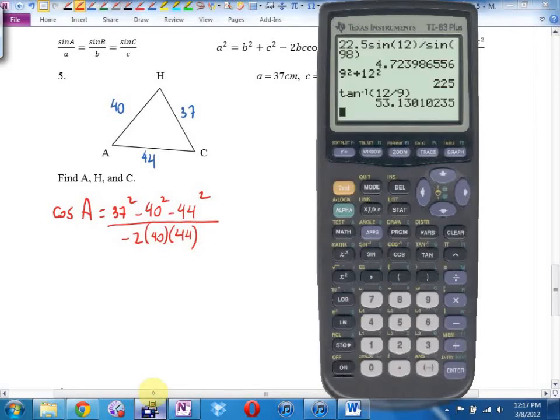The second issue is being able to type this in. Is there more than one number on the top? Yes, brackets. Is there more than one number on the bottom? Yes, brackets. In other words, bracket 37 squared minus 40 squared minus 44 squared. Close that bracket off. Oops, the minus sign didn't come in.